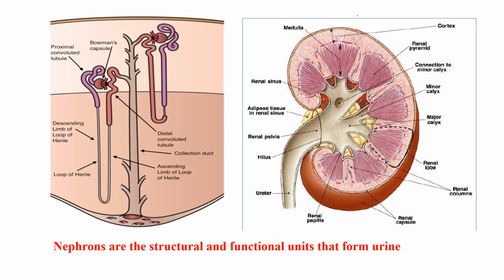As we understood from previous slides, the kidney is formed of cortex and medulla. And as we mentioned, the nephrons are the structural and functional units of the kidney that form the urine. And we have two types of nephrons. We have cortical nephrons, which are mainly in the cortex with short tubules extending to the medulla.